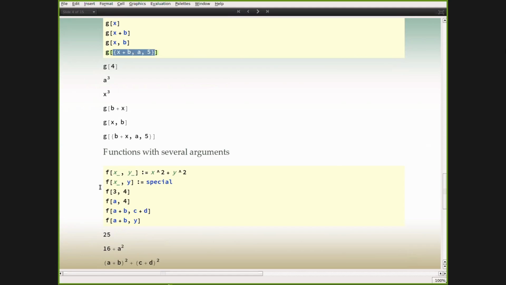Okay, so you can define, of course, functions with several arguments. Here we have an example with 2 arguments, the first x and the second y, but remember that this is just a pattern, so Mathematica will compute it as a pattern. This is what I showed 2 slides ago, that something may be longer, something may be shorter.